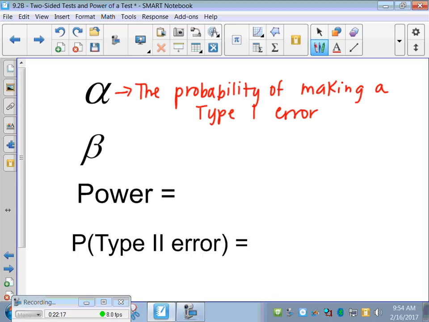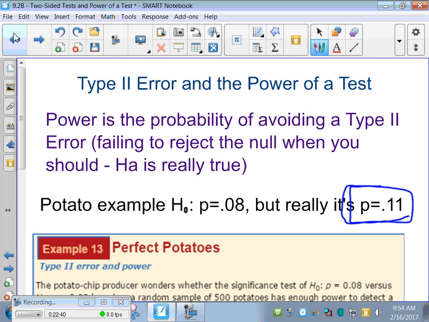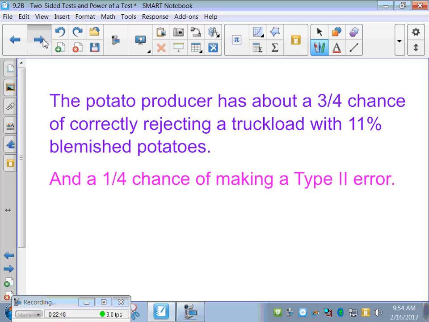And beta is the probability of making a type 2 error. So if you look back at the picture, beta is this part right here, 24%. That's the probability of making a type 2 error. So the power relates to that.